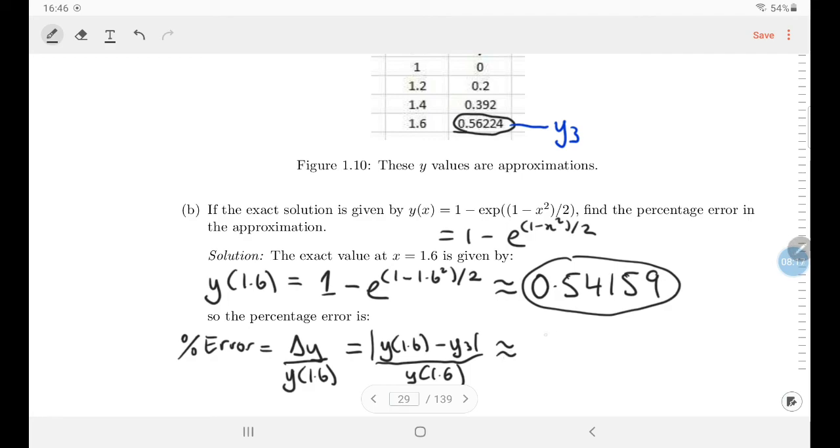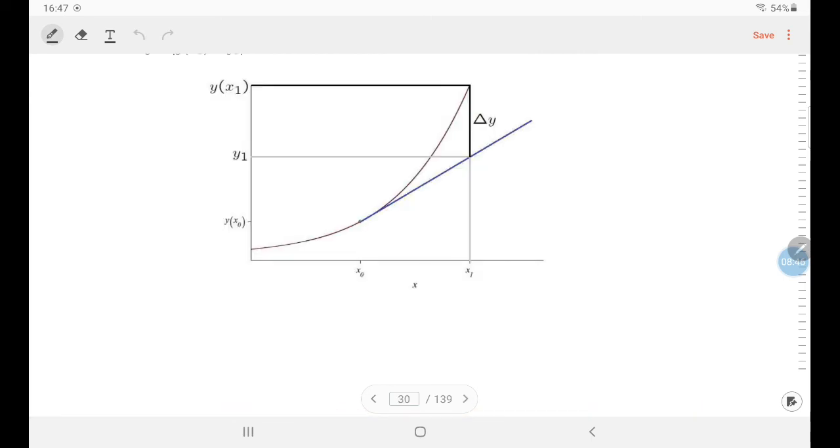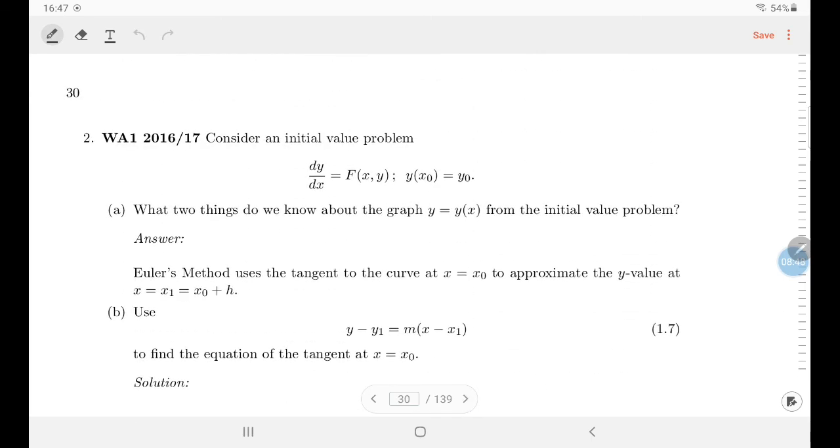Now this is already an approximation because this is rounded here. I'm very likely to make little mistakes in the calculator, so this comes out to be, if I do maybe 2 significant figures for a percentage, 0.038, which is approximately 4%. So we get a 4% error. Okay, so I think that's enough for you to go off and do your VBA lab.